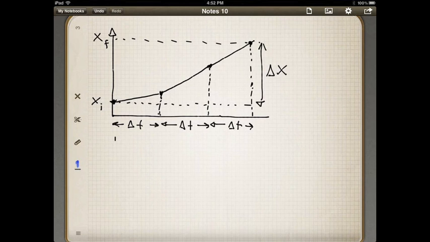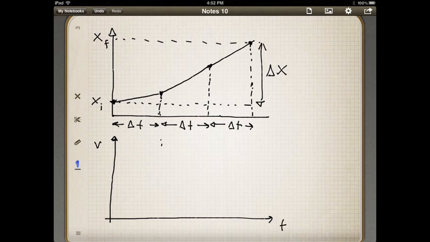Every segment here is a straight line, which means that the velocity is constant over each one of those segments. So if I do a plot of the velocity as a function of time, then for the first segment the velocity will have a certain value, say this value, constant.